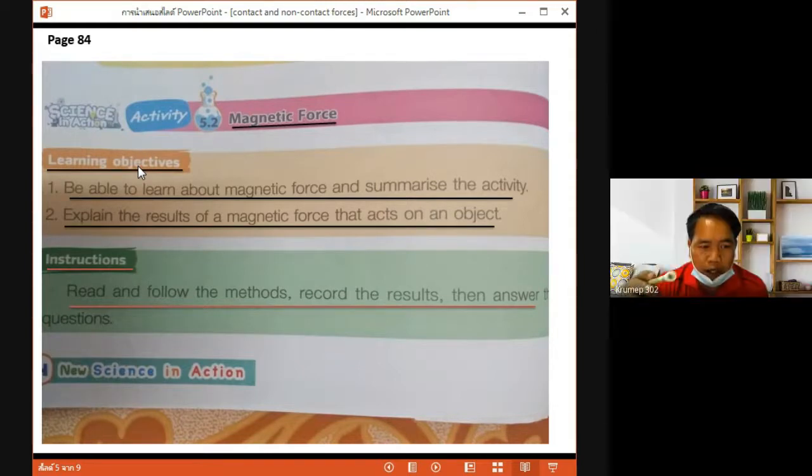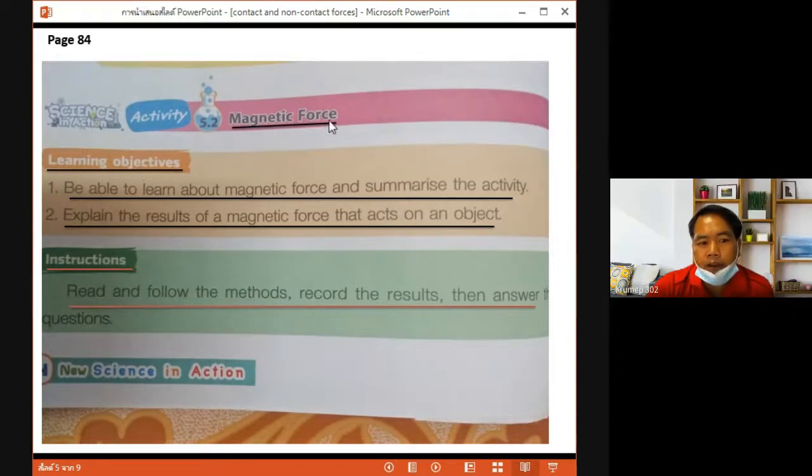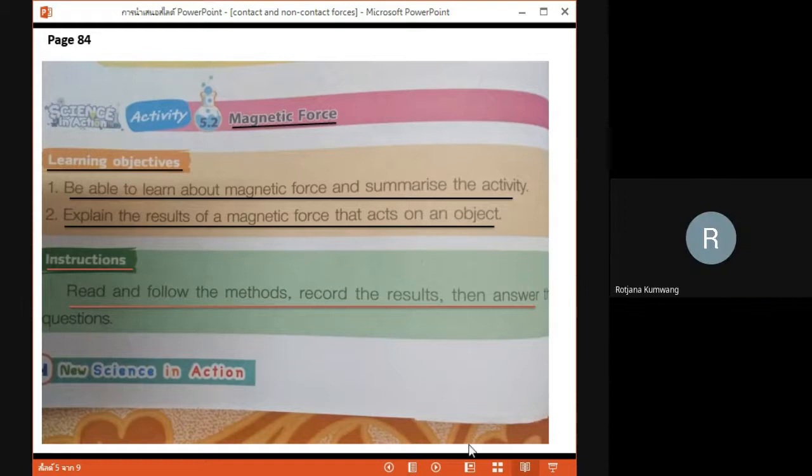So I hope you understand. In this activity, it is all about magnetic force.